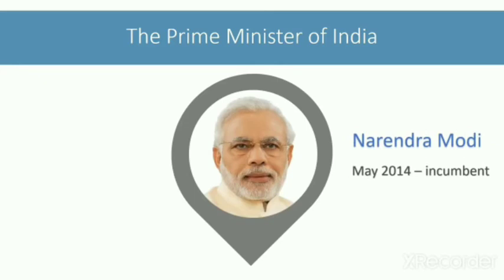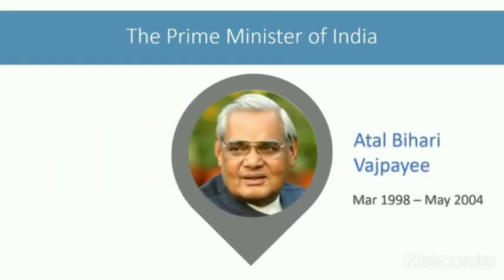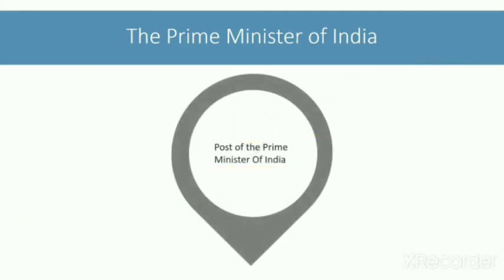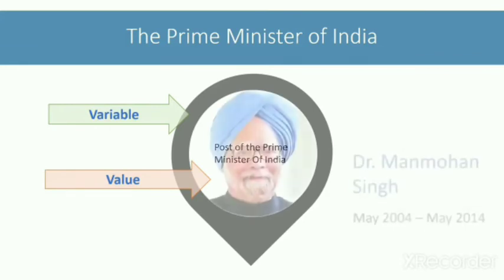Before him, it was Dr. Manmohan Singh. Before Dr. Manmohan Singh, it was Atal Bihari Vajpayee. And maybe 10, 20, 30 years down the line, we will have new people take up the post of Prime Minister of India. So, you can think of Prime Minister of India as a variable whose value can change from time to time.